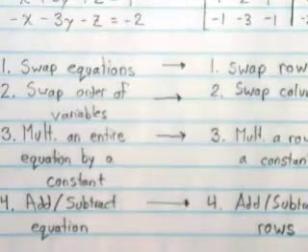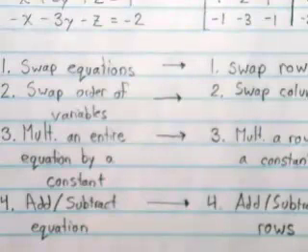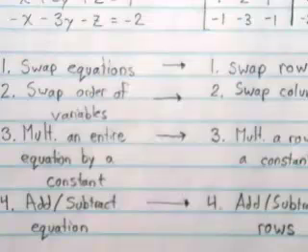So, ignoring the second one, 1, 3, and 4, do you see how it all has to do with rows? Row operations. Those are things you're allowed to do to the rows to help reduce the matrix so that you can get your answer.